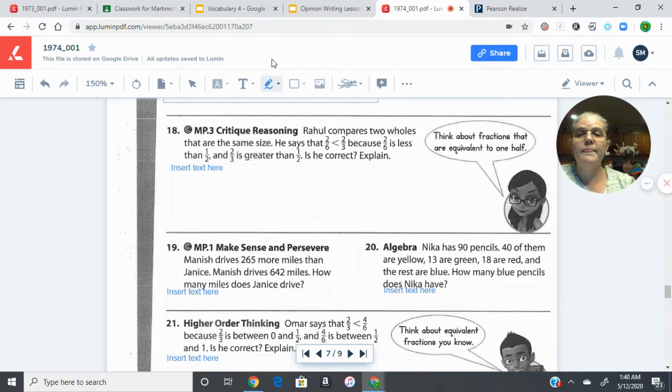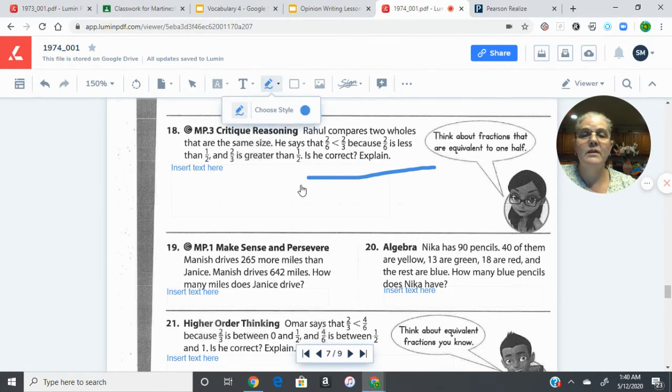So if you've got a number line, and another number line, and then he says this one is, so we've got 1, 2, 3, 4, 5, and 6. So he says that 2/6 is less than 2/3 because 2/6 is less than a half.